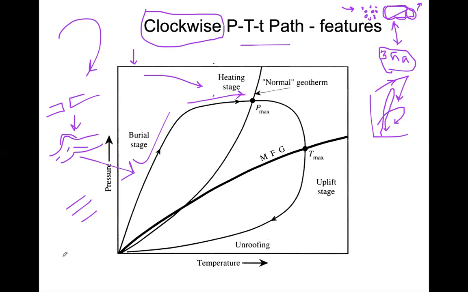Soon after collision, there is usually extension also happening, right? Extension means you will encounter some fractures here, and these fractures make the material move away from each other, right? That releases some pressure, allowing it to come up a little bit, to uplift a little bit, right?